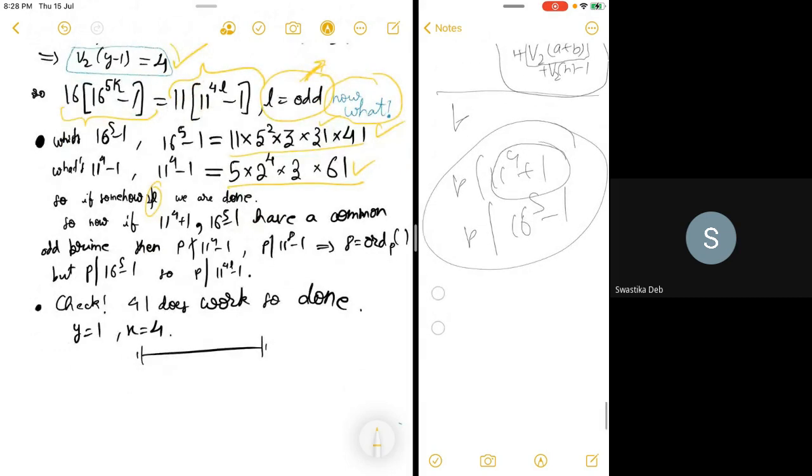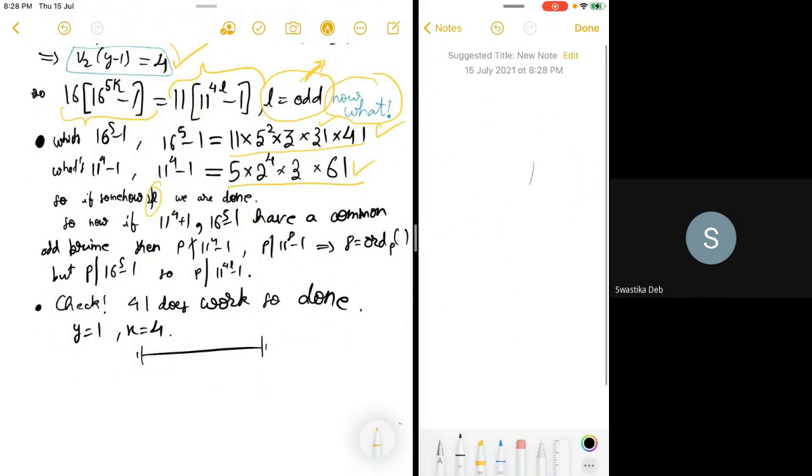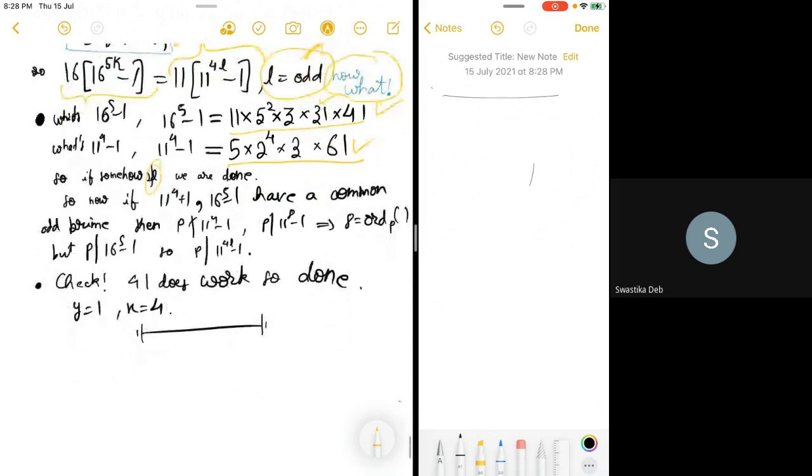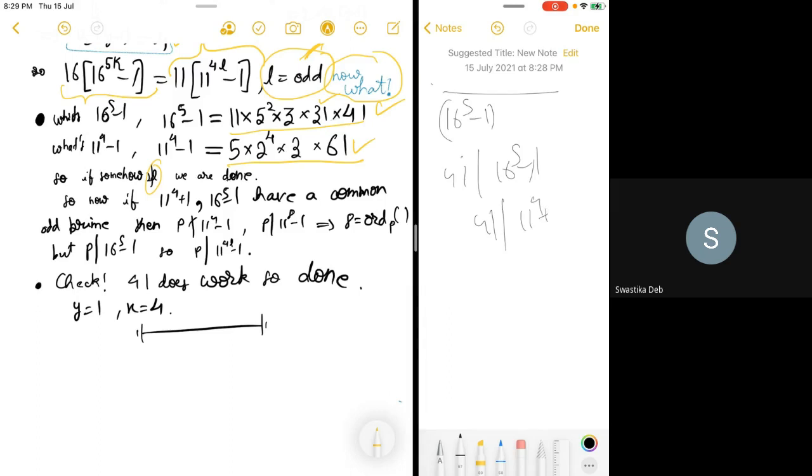Okay, and so this time we are lucky that 41 is such a prime. 41 does divide 16 to the 5 minus 1, and 41 also divides 11 to the 4 plus 1.